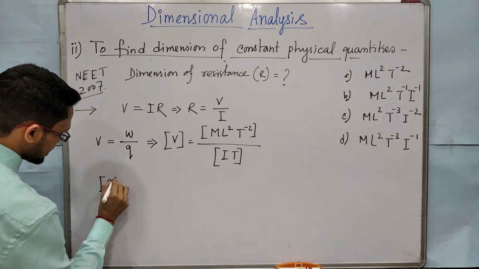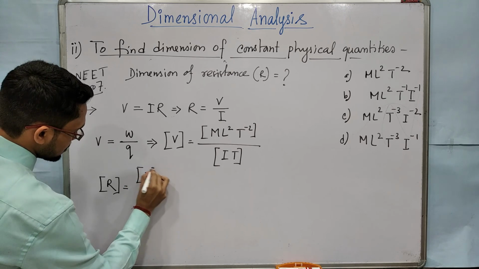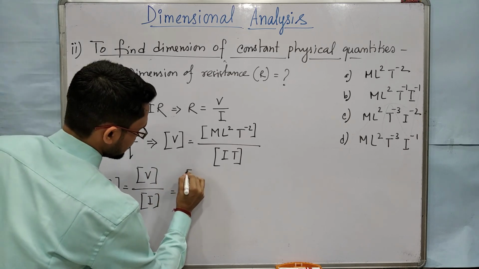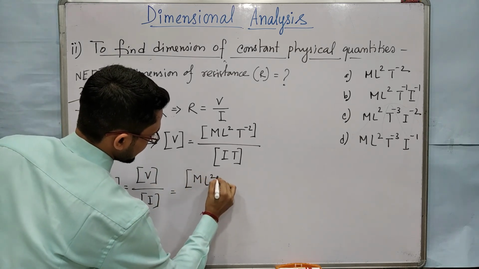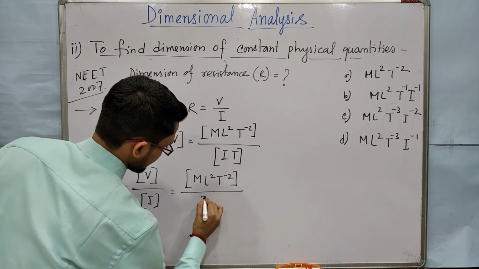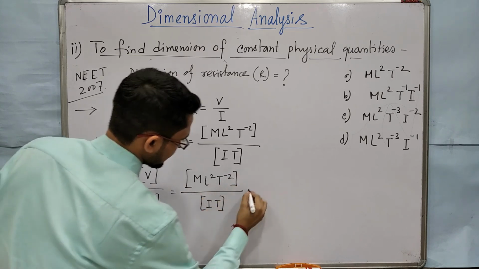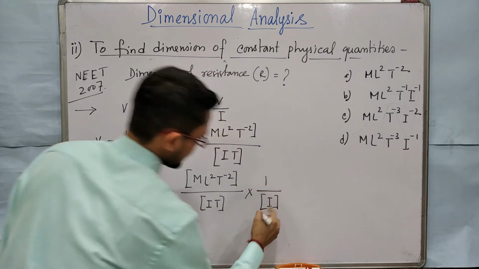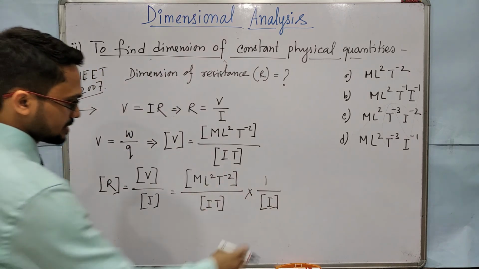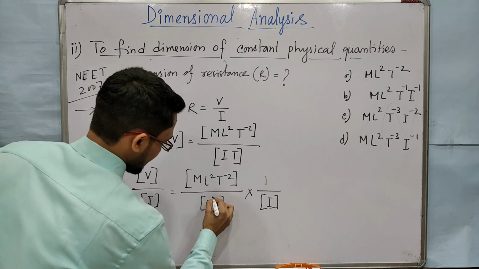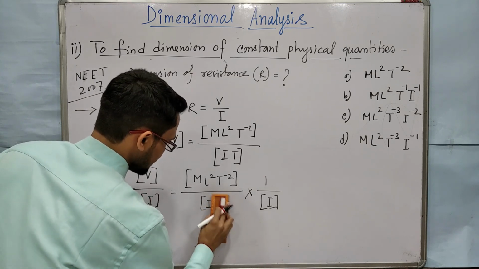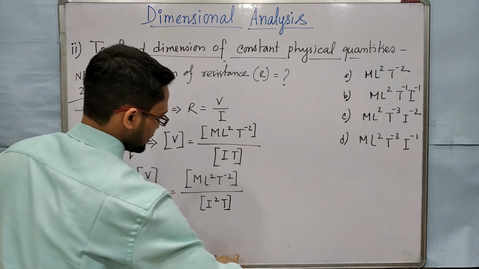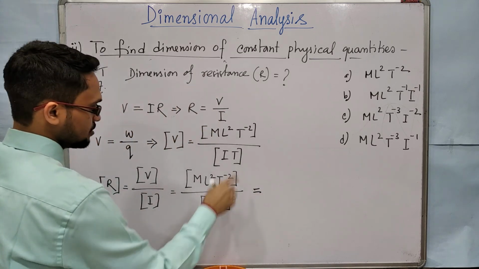So dimension of R, resistance, will be dimension of V by dimension of I. That means M L square T minus 2 by IT, into 1 by I. Here I, here another I, so it will be I square T. Now we have to take these two quantities in the numerator.